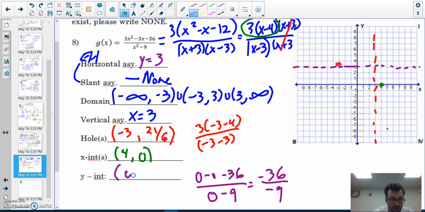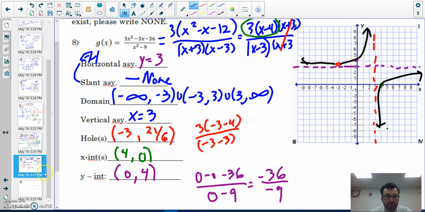So I also have 0, 4. Okay, make that dot, boom, connect our dots. The best I can. Alright, I'm going to do my best here. This is a little jumpy again.